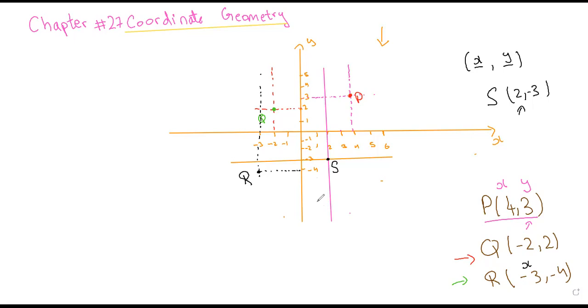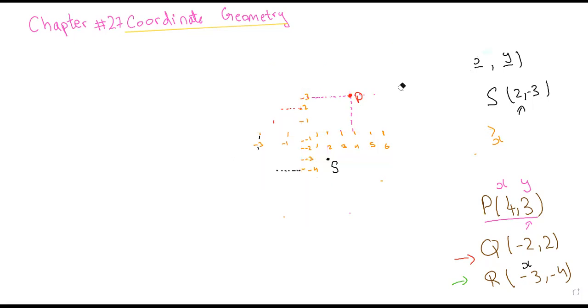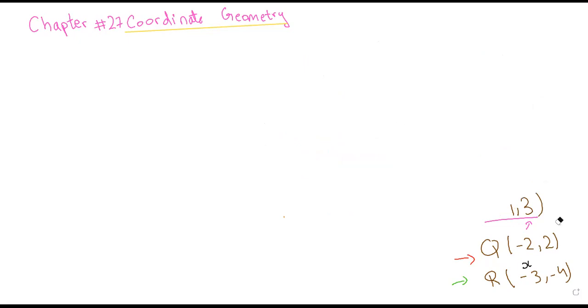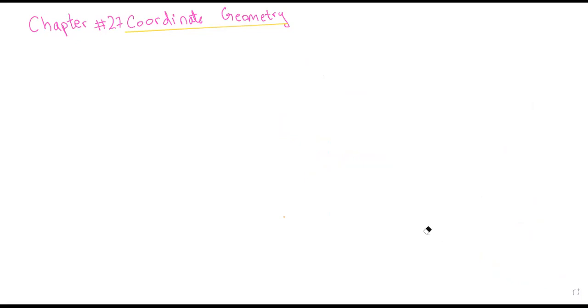Okay. Now, basically, other than this, if I talk about this chapter formally, I would like to talk about the four most important things which we will discuss in this chapter. The first one is the distance between 2 points. Then we'll see how to calculate the gradient or the slope of any line. Then the midpoint of any 2 points and the equation of a straight line. So let's keep one thing at a time.